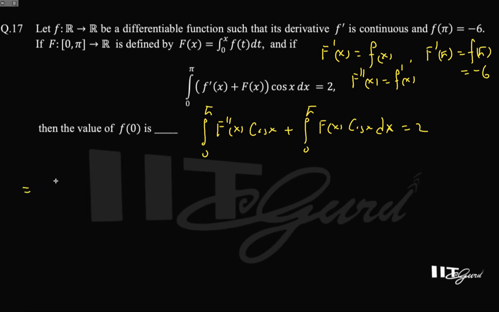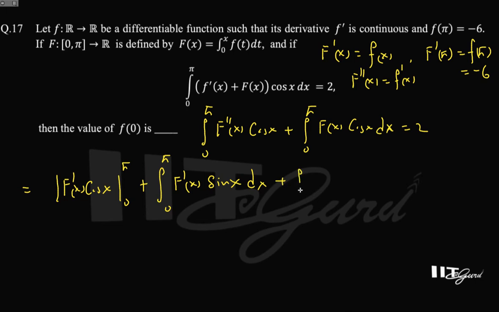So finally what we get here is f double dash x, integrating this and keeping cos x as it is. So that is f dash x cos x, with limits 0 to pi, and now minus the integral from 0 to pi of the integral of f double dash x, that is f dash x, times the differential of cos x, that is minus sin x, so that will be plus here, and dx.